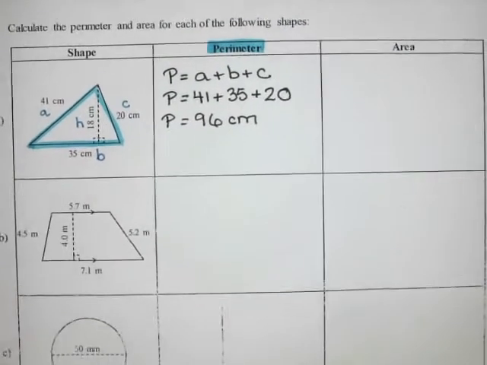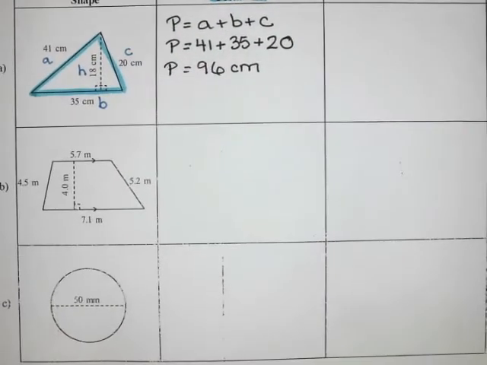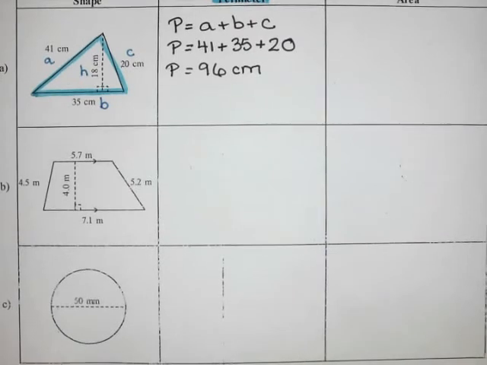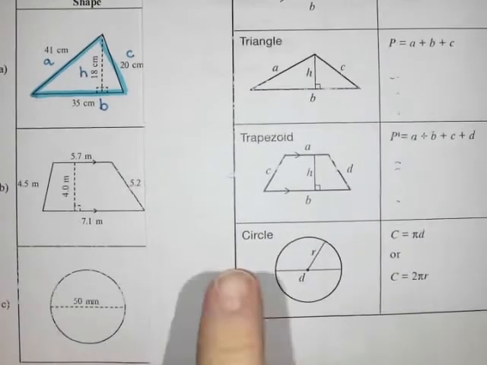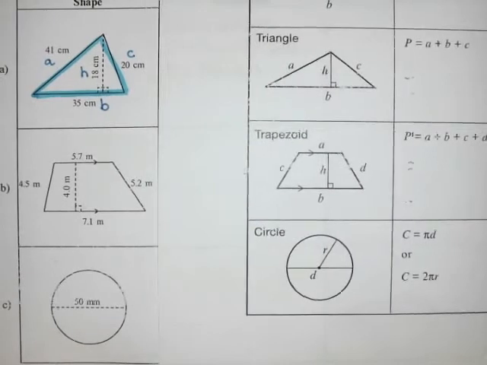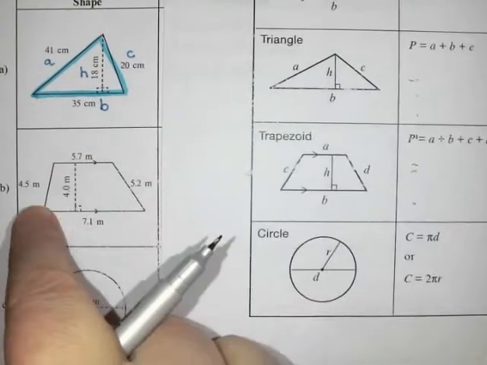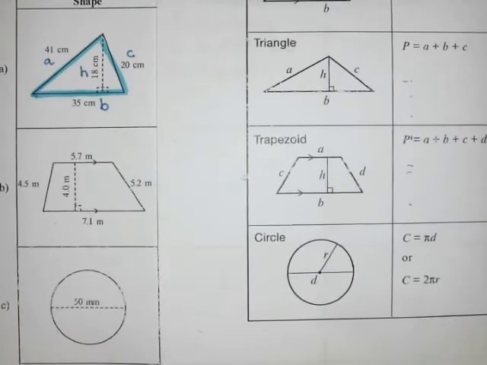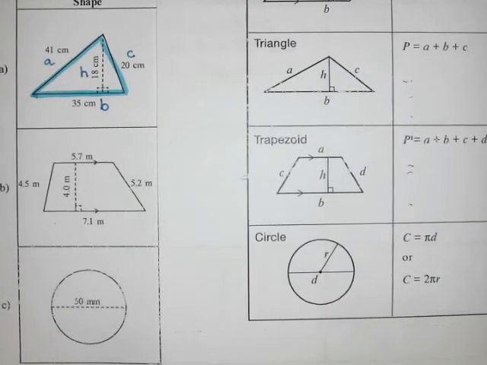I'm now going to try the one underneath. So first thing I want to do is try to identify what shape that is. So if I look at my formula sheet, I can see that that is a trapezoid. So I want to try to match the orientation of this shape with the orientation on my formula sheet. And I'm going to start by labeling all of my sides.